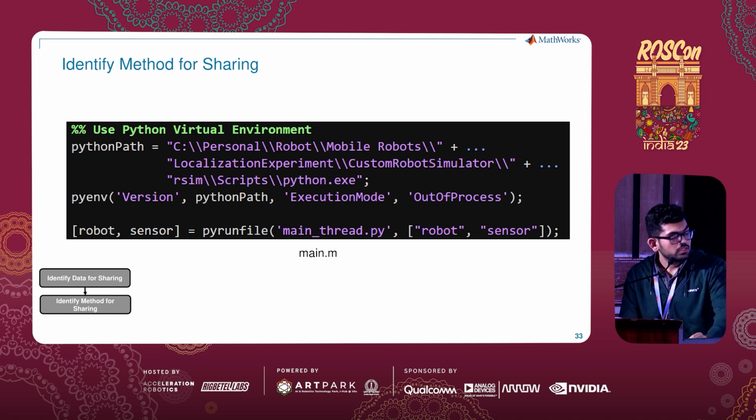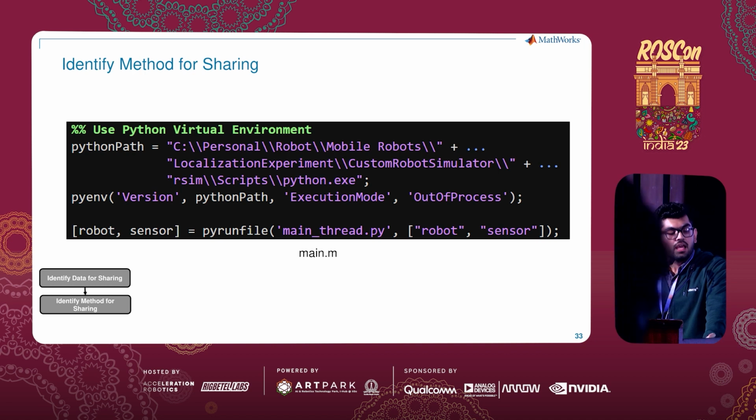In the code that you can see, first we have the Python path, which is the virtual environment of Python. So for all the libraries we have installed for Python, we can select that and run Python based on that. The first two lines are doing that. The third line is the one actually running the .py file, which is main_thread.py.